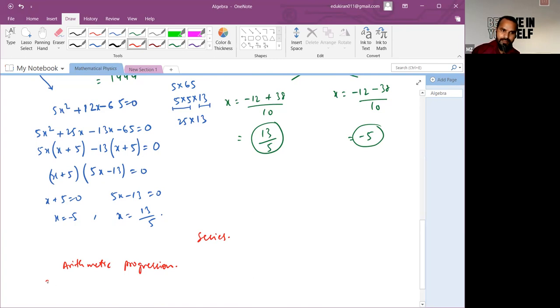It looks like A as the first term, A plus D as the second term, and so on to the nth term, A plus n minus 1 into D.